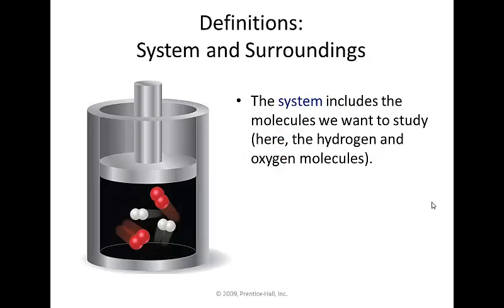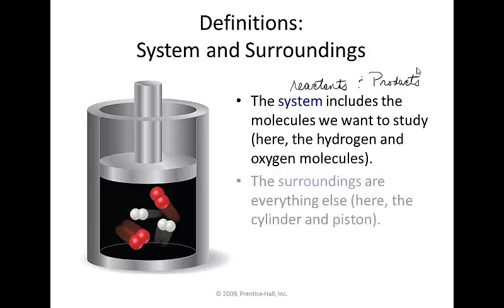Definition of system and surroundings. The system, if you recall, will include the molecules we want to study. The system will technically be reactants and products. Surroundings is everything else.